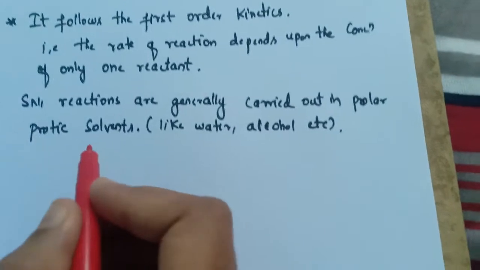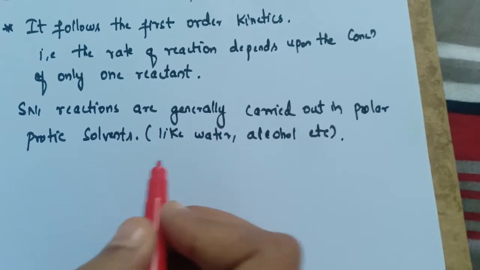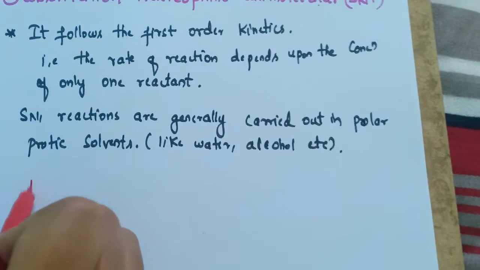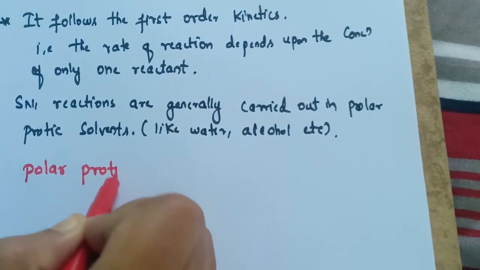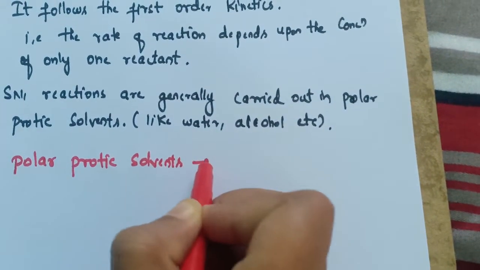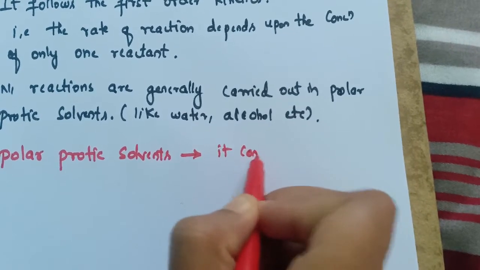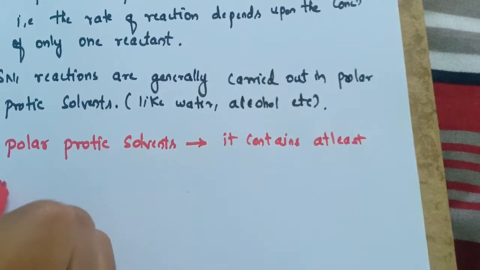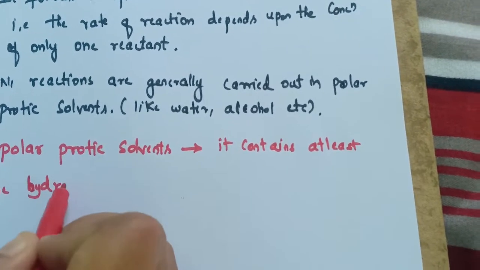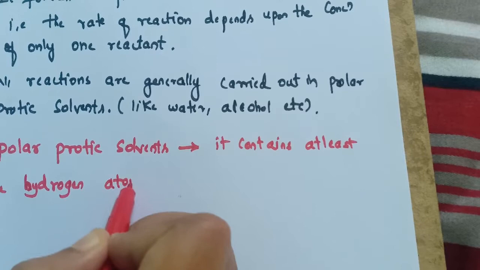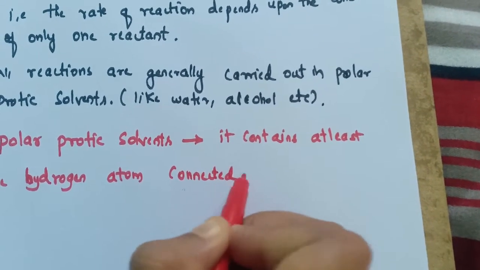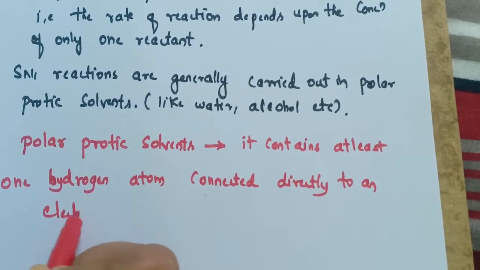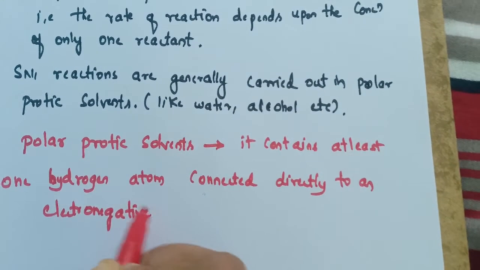Polar protic solvents contain at least one hydrogen atom connected directly to an electronegative atom.